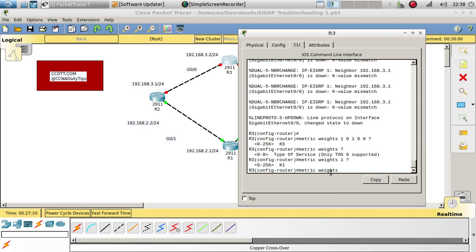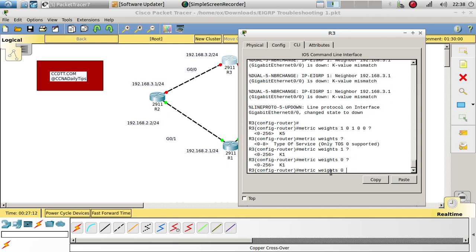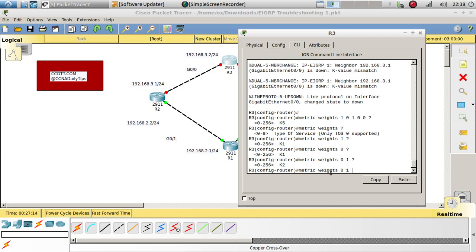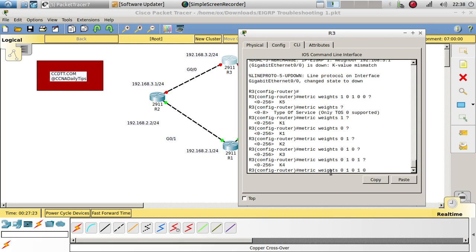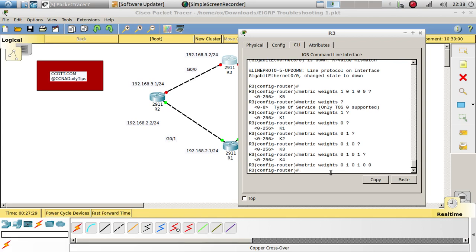Let's do 0 1 for K2, supposed to be 0. For K3, supposed to be 1. For K4, 0. For K5, 0. Yep, so that's what it's supposed to be.